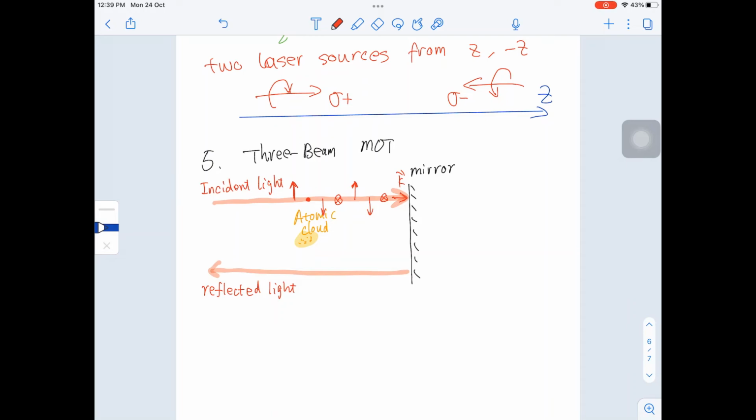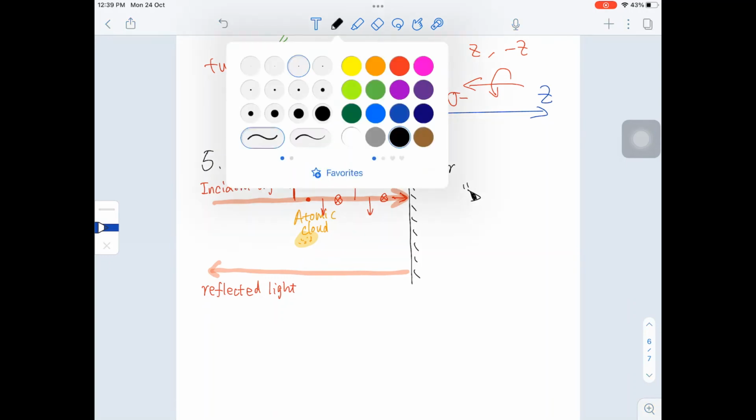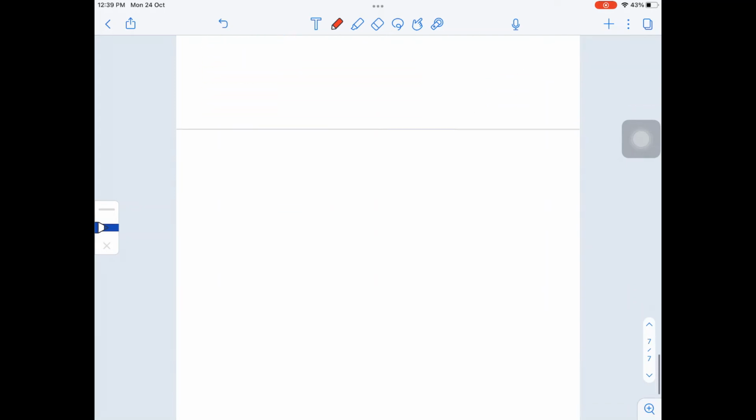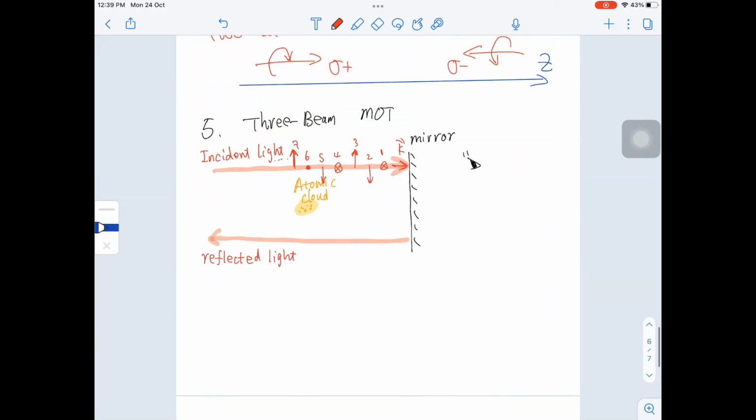If we sit in the beam and observe the polarization in this case, remember, this is the first vector you see, second, third, fourth, fifth, sixth, seventh, and so on.